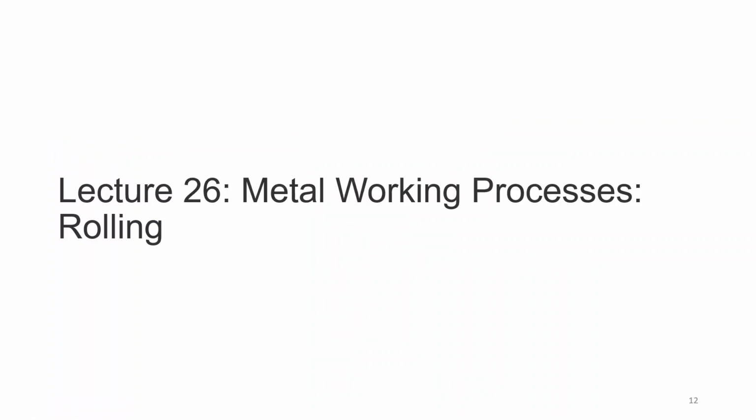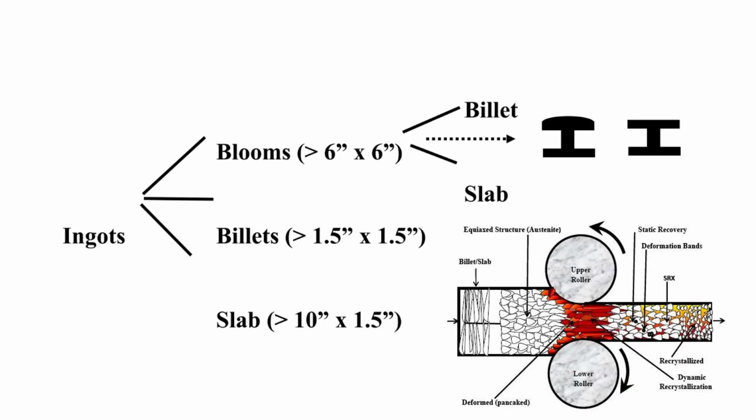Now the first chapter is based on rolling. So these are various terminologies that are given based on the size of your ingot. If it's 6 by 6 then it will be called blooms, and if it's 1.5 by 1.5 then it is billets.